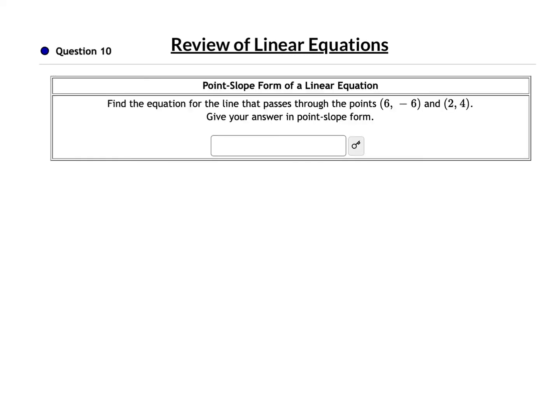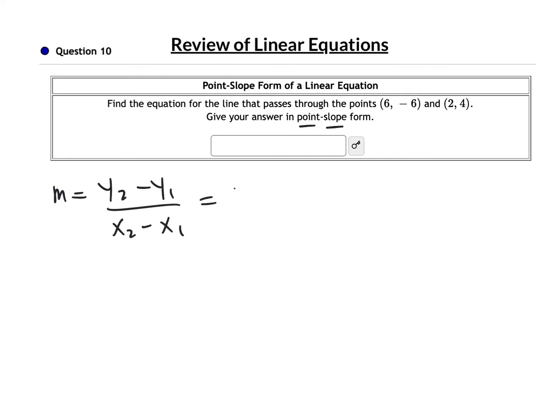Question 10. Find the equation of the line that passes through those 2 points and give your answer in point-slope form. To use point-slope, we need a point, we have 2, and the slope. We don't have that. But we can find the slope. We'll subtract the y's up top and the x's below.